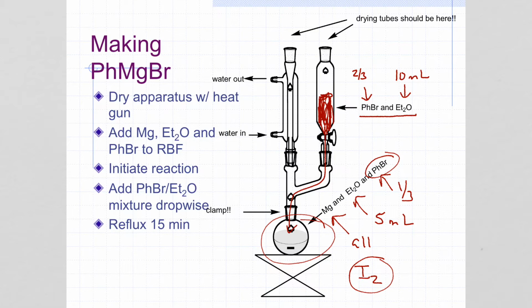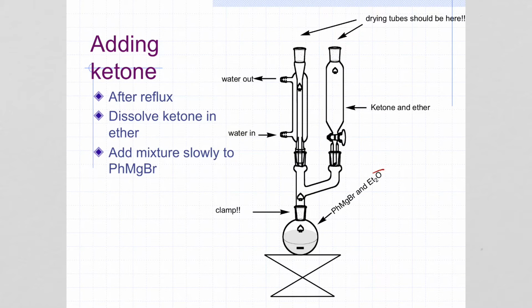You don't want to add it all at once because it'll just all boil out, but if you add it dropwise, that's enough to keep the reaction going. Once you've added all of this solution, we'll reflux the reaction mixture on a hot water bath for 15 minutes. Now hopefully you'll have a nice solution of phenylmagnesium bromide in ether.